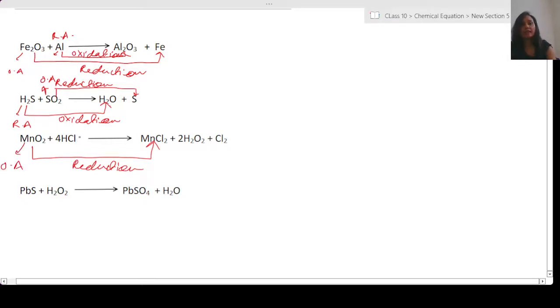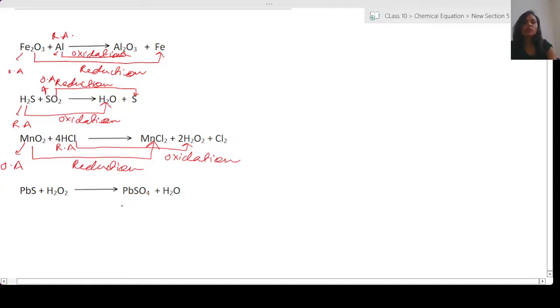If you see HCl, it is having O in the product. It is changing to H2O2. There is a gain of oxygen, so it will be an oxidation reaction. And HCl will act as the reducing agent.